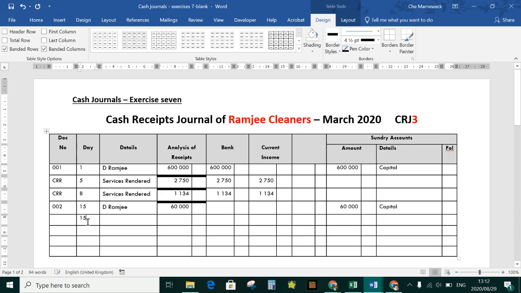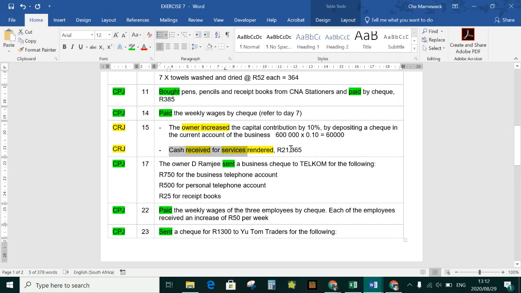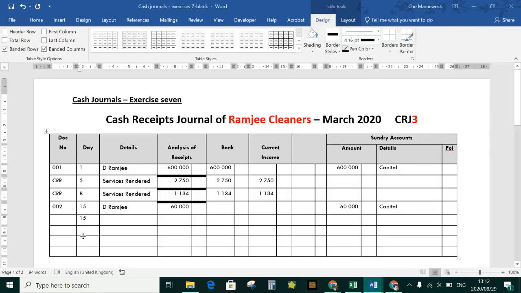We're still on day 15 and we received 21,365 for services rendered. So services rendered, our source doc is CRR, cash register roll. How much did we receive? 21,365.